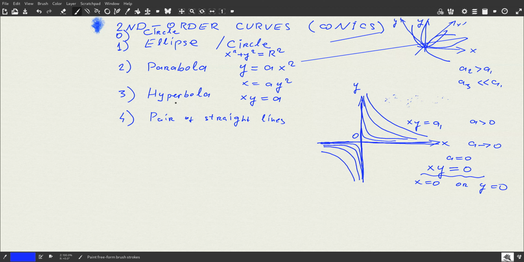Of them, we would say that the ellipse and, let's say, hyperbola are so-called generic curves. I will explain what it means. Others are specific or degenerate ones.